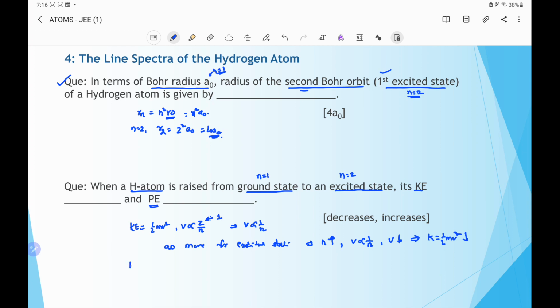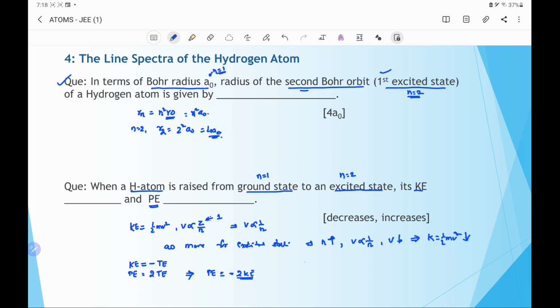Now, we know that kinetic energy is equal to minus of the total energy, and potential energy is equal to twice the total energy. So from this we can conclude that potential energy is equal to minus 2 times kinetic energy.